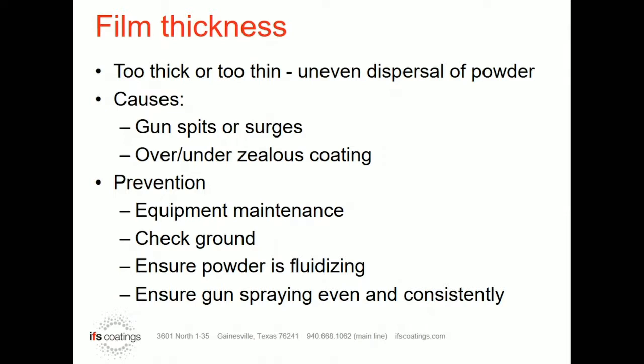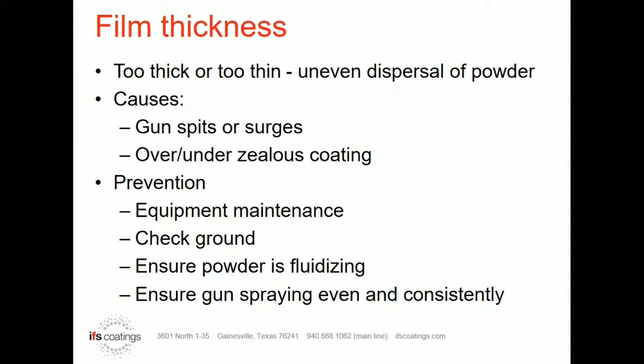And that's usually a result of somebody trying to apply a lot of powder quickly, but they don't have enough air in the process to carry that powder throughout the hose and all the way out to the gun. So it'll fall out in the hose until it builds up too much. Then all of a sudden that air will catch it, pick it up, and you'll get a surge out the end of the gun.